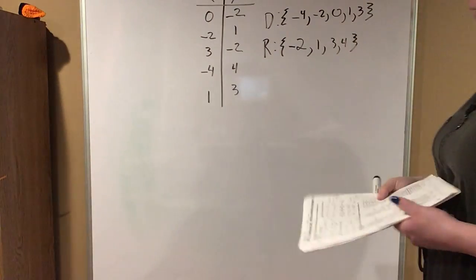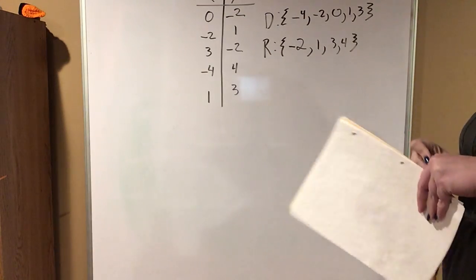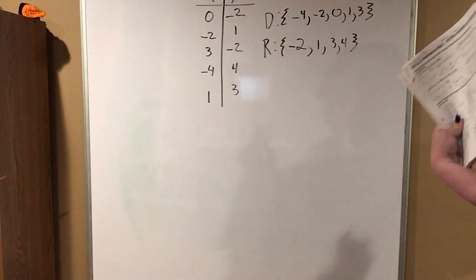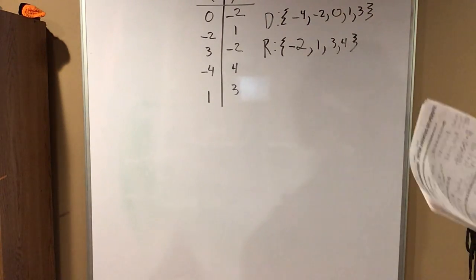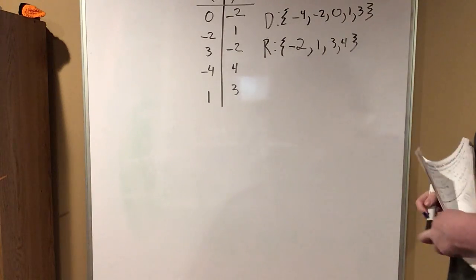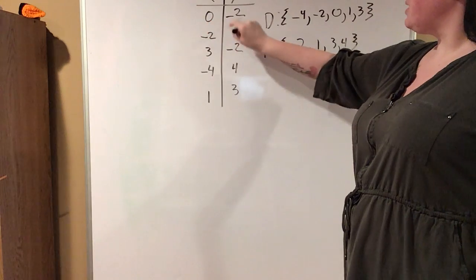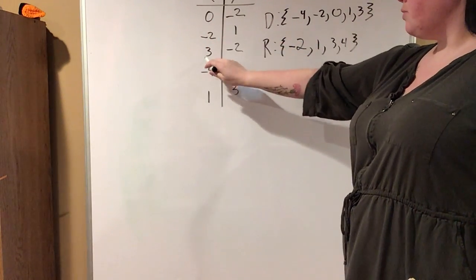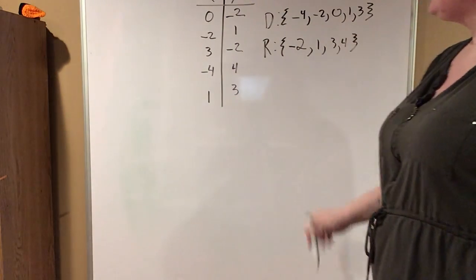So now let's determine if this is a function. And this is where people get confused a little bit. Because each input can have exactly one output, but it doesn't mean that the outputs can't be the same. So looking here, we have each input. So 0 has -2, -2 has 1, 3 has -2, -4 has a 4, and 1 has a 3.